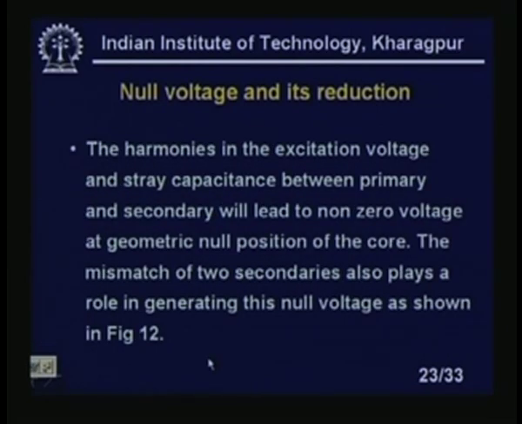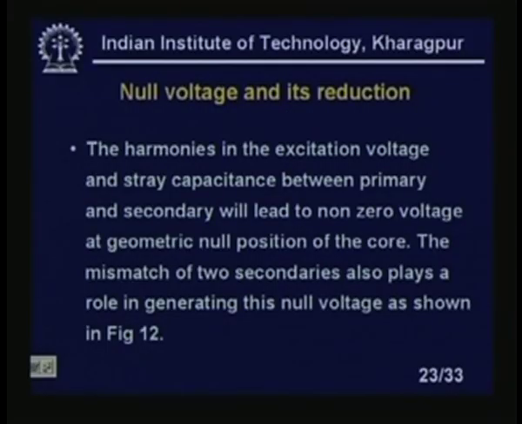Now, another thing. Even though I said that in the case of LVDT the two secondaries are exactly identical, it is absolutely difficult to make two secondaries exactly identical, and the harmonics will also be present in the secondaries, right.